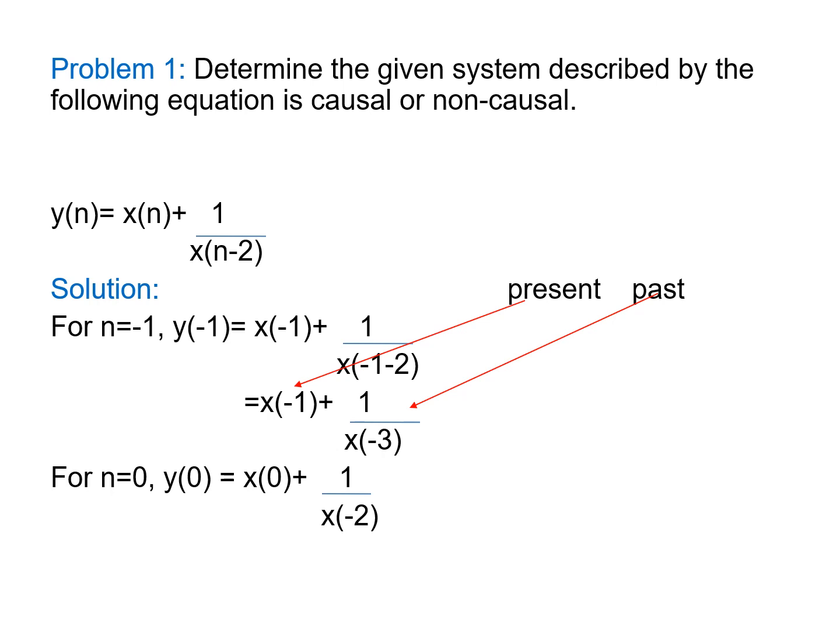Now let us see an example problem. Here y of n equation is given, that is the system equation. We have to determine whether the given system is causal or non-causal. For that, first we have to take three values for n.